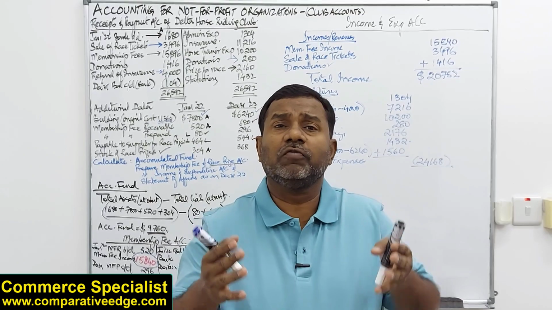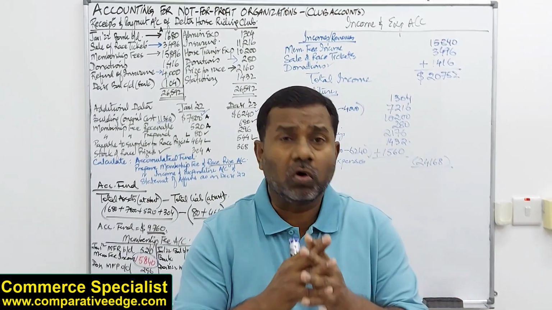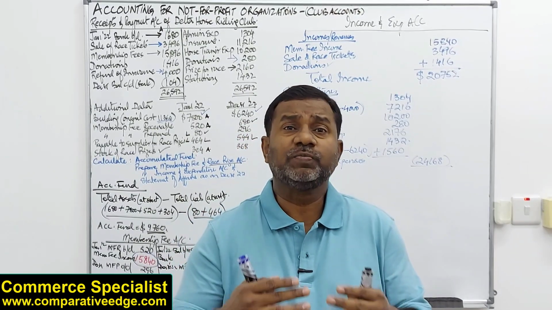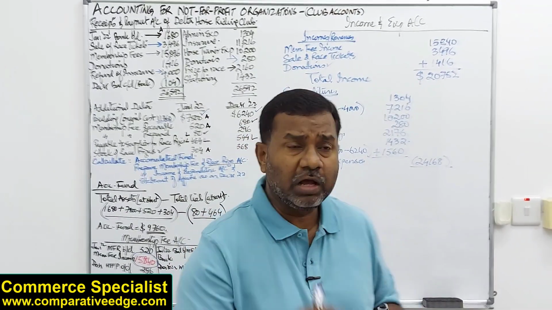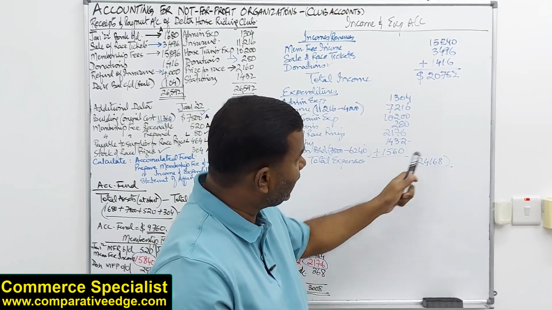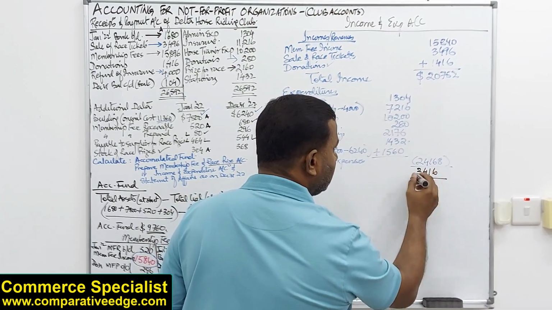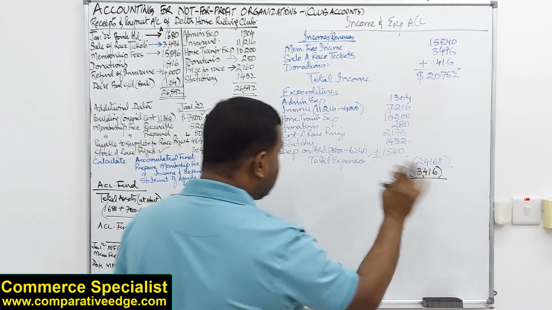But because it's a not-for-profit organization, they don't aim to make profit or loss, therefore they don't call it a loss. Instead, we have a specific term. Let's see how much it is. 20,752 minus 24,168 will give us 3,416. It's a negative figure, but we are not calling it loss.